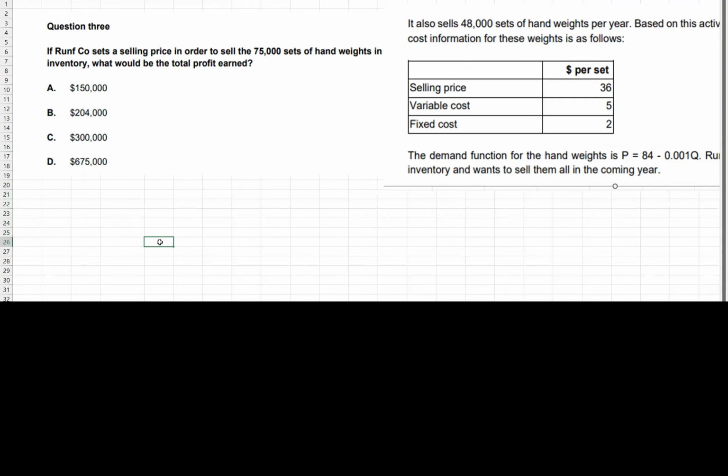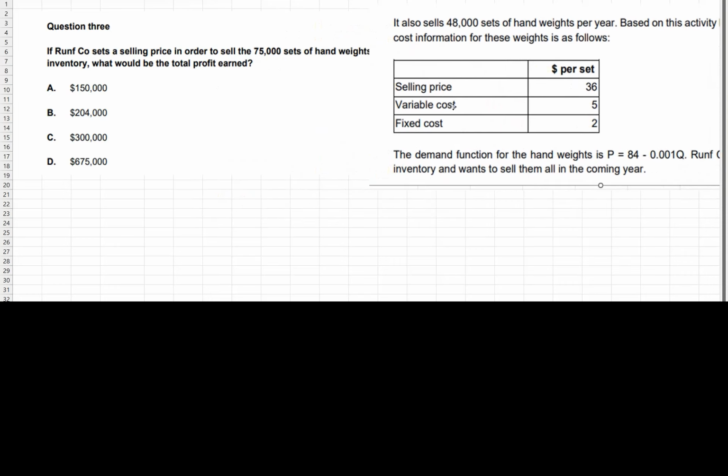Now the third question is, if Runco sets a selling price in order to sell the 75,000 sets of handsets in the inventory, what would be the total profit earned? For the handset, the question has provided this information. And one more thing: if Runco sets the selling price, it means the company will decide the price at which they will sell out the inventory of 75,000.